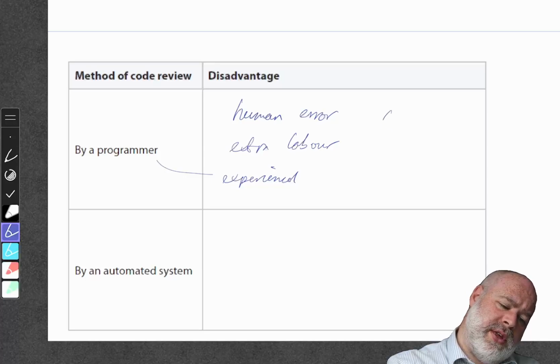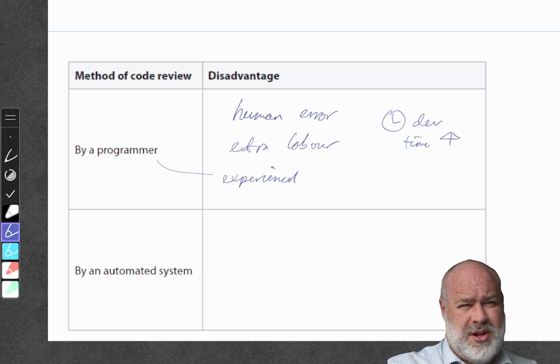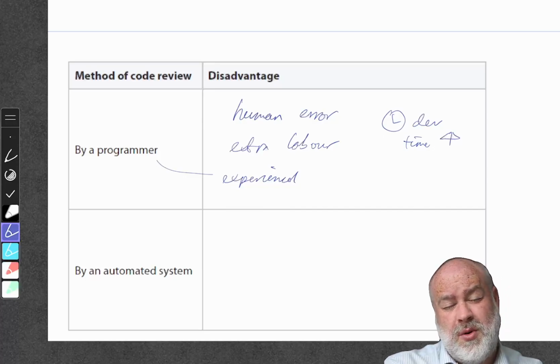And also you could say increases development time, increasing development time potentially, getting humans to review it. I mean, if you just stuck it through an automated system, it would be pretty quick. The manager could probably do it themselves.